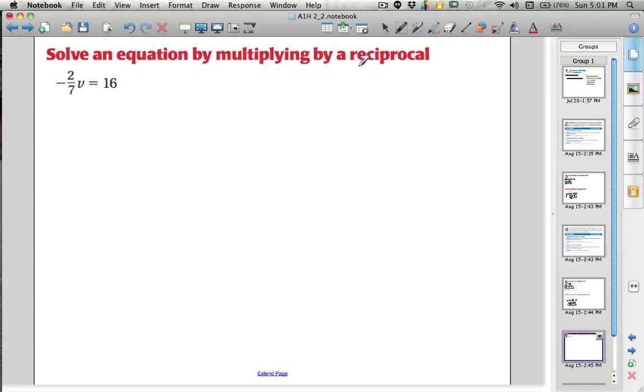Multiplying by a reciprocal, well, I need to know what a reciprocal is. Reciprocal is essentially an inverse. So if I have 2/7 here, its reciprocal would be found by flipping it over. So I would multiply by negative 7/2.